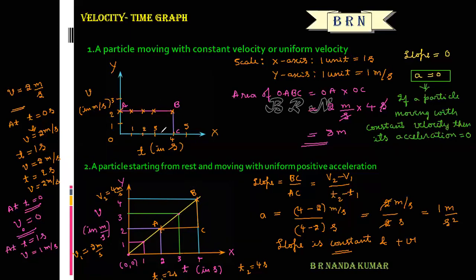The previous graph showed a particle moving with uniform velocity, whose acceleration is zero. But here, the particle is moving with uniform positive acceleration. That means the velocity of the particle changes by equal amounts in equal intervals of time. So here, acceleration is constant, but it is positive.